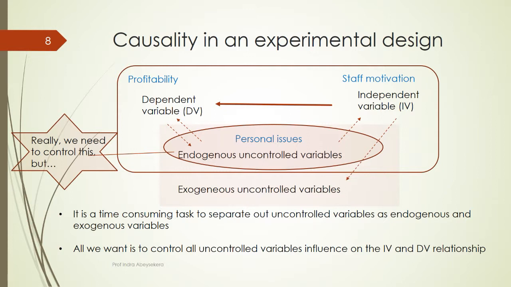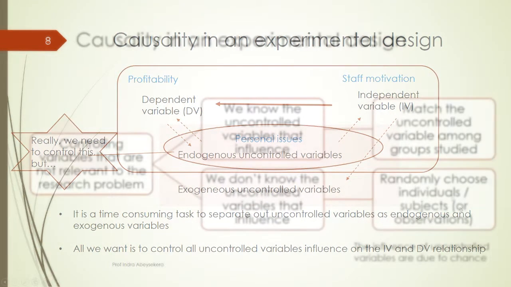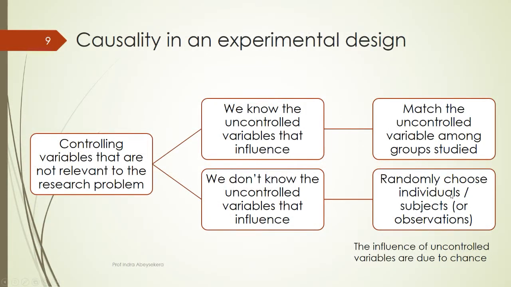But from a practical perspective, it is time-consuming and difficult to identify endogenous uncontrolled variables for a given relationship between the independent variable and the dependent variable. So from a practical perspective, it is better to control all uncontrolled variables.